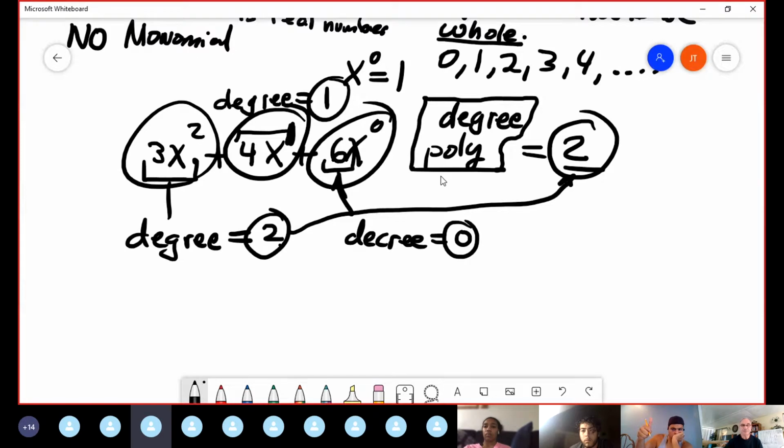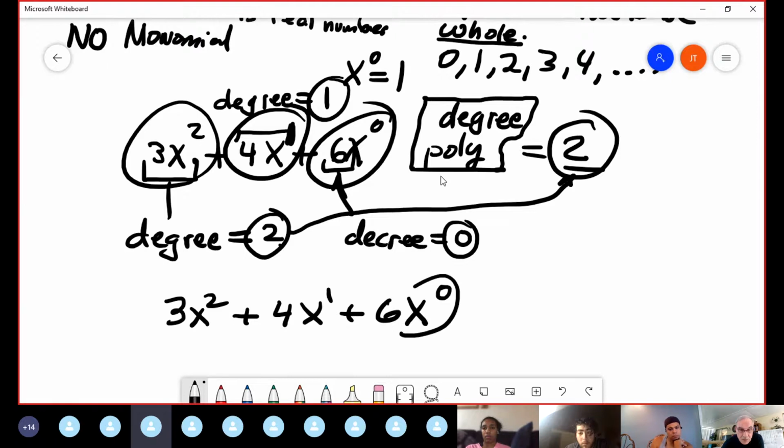I have a question. Go ahead. For the 6 and the 4x, why does the 4x have degree 1, and the 6 have degree 0? They're both x. The degree of this is 0. The degree of this is 1.